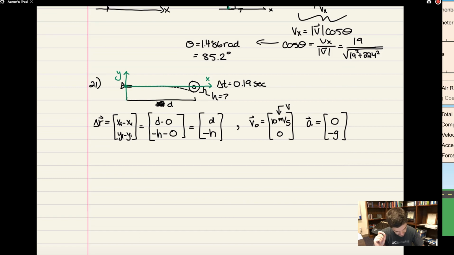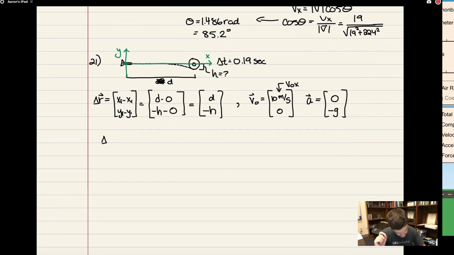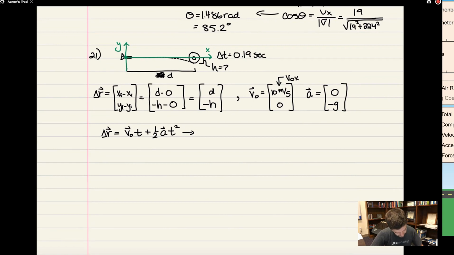I'm going to call this the initial velocity in the x direction as well. So now it is the case where, since there is a constant acceleration in each dimension, this expression holds. And so I can write it out as vectors and see what we do and do not know.